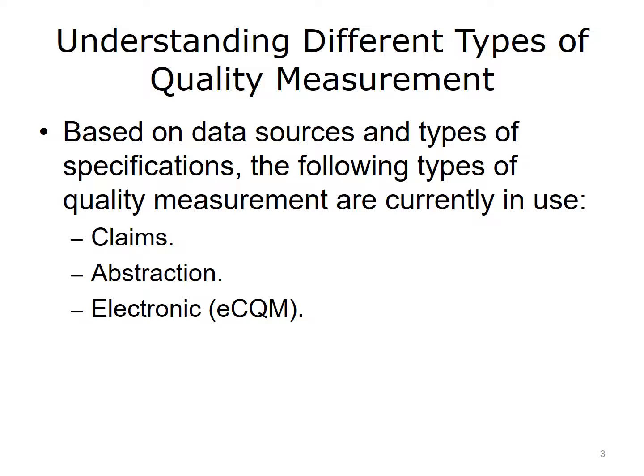Retrospective chart abstraction by dedicated staff is rich in clinical content, but is expensive and is generally unable to scale. While HIT can be leveraged as a data source for many types of quality measures reporting, eCQMs are an end-to-end, completely electronic system where all components are digitally specified.